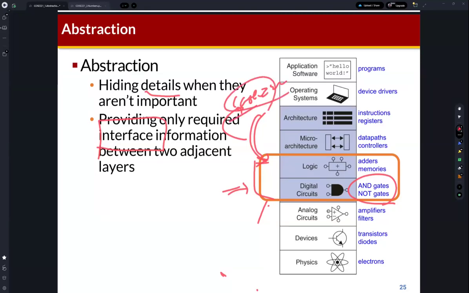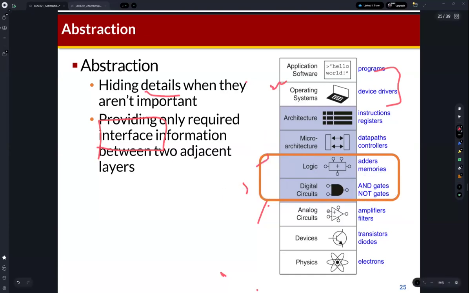And some other courses will cover these higher upper layers, okay? But we can just focus on a certain layer. Then the other layers, such as the analog circuit and devices, physics, these parts are just hidden, okay? We don't need to understand.